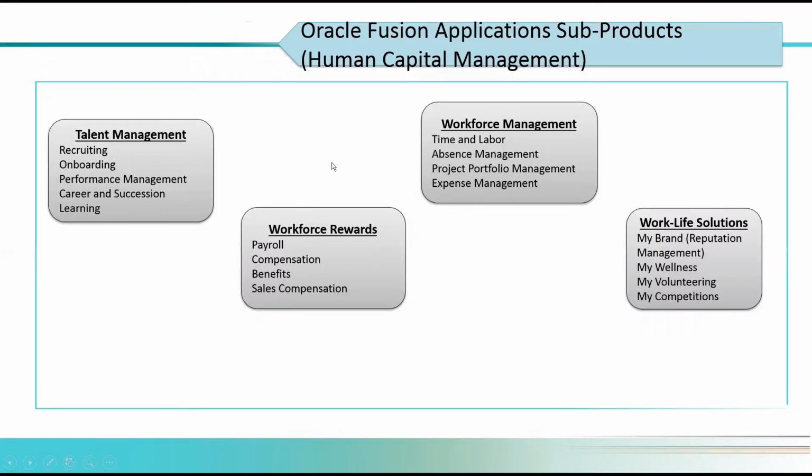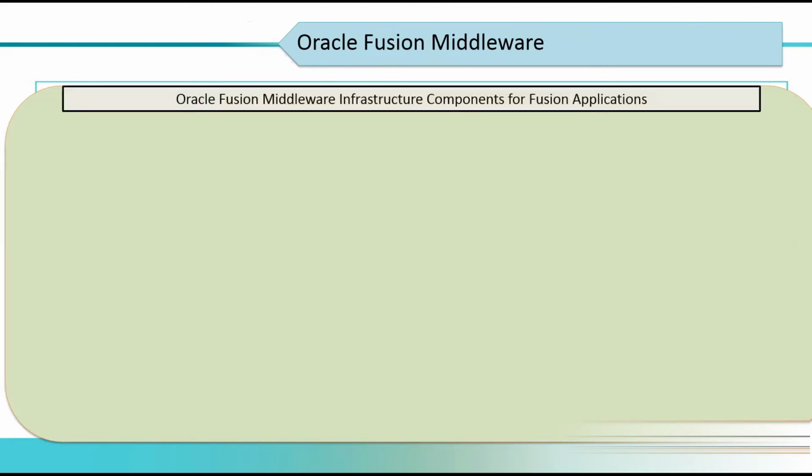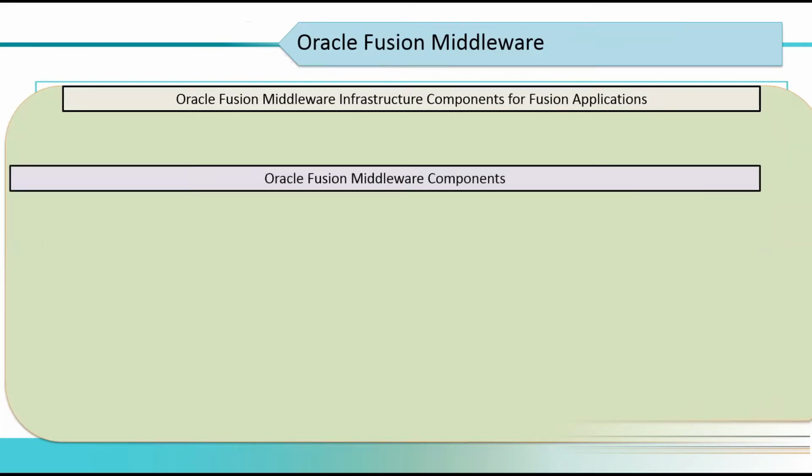Now, coming back to the middleware, the second, the middle layer, the important layer. The whole Fusion middleware is distributed into two things. One is the Fusion middleware infrastructure components for the Fusion applications. The second is the Fusion middleware components. What are the infrastructure components for Fusion applications? What are the middleware components?